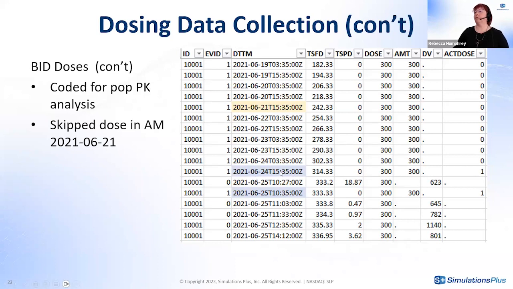So this first recorded pre-dose time that was recorded in the supplemental PC was utilized to impute the times every 12 hours backwards to that first dose. Again, my example showed a skipped dose on 6/21, and you can see that there's only the one dose with the appropriate AM or PM time.